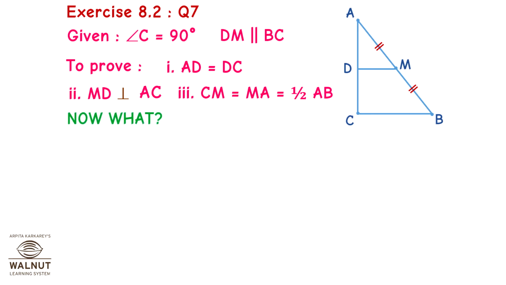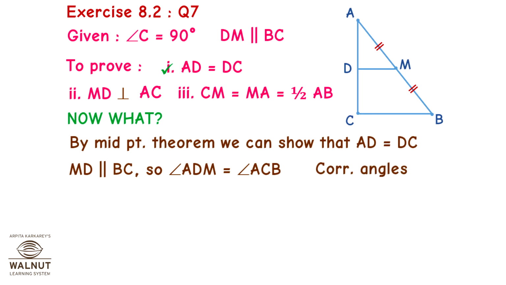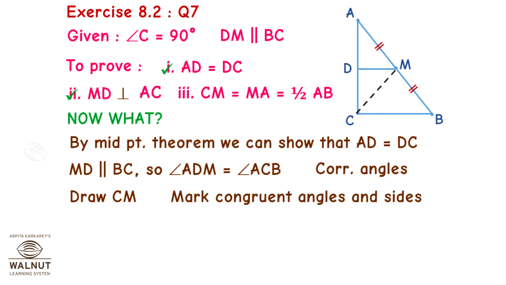Now what? By midpoint theorem we can show that AD is equal to DC. MD is parallel to BC, so angle ADM is equal to angle ACB, corresponding angles. Draw CM. Mark congruent angles and sides. AD is equal to DC.